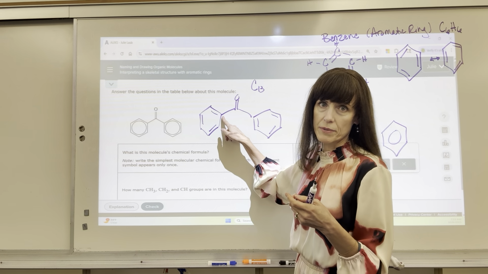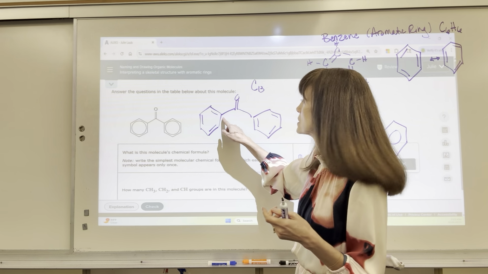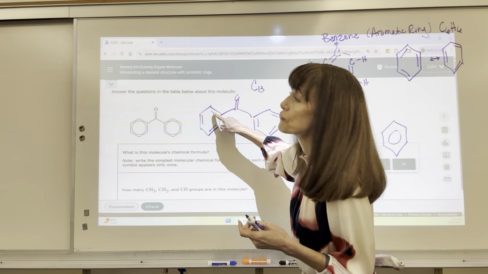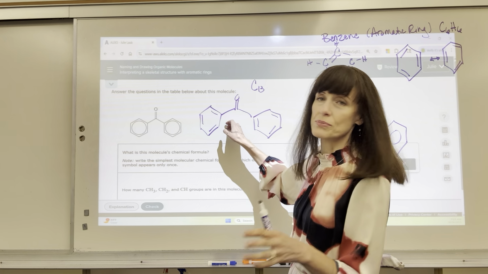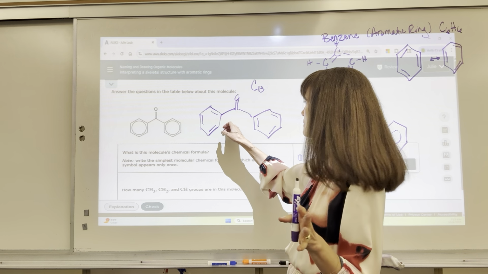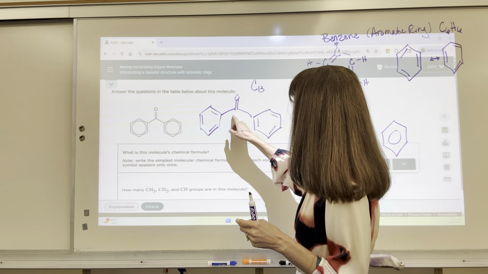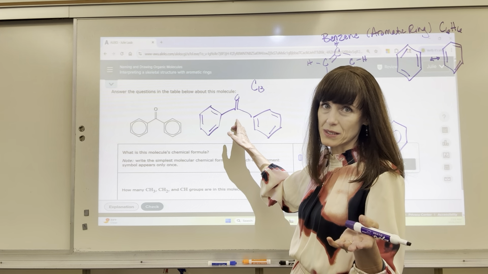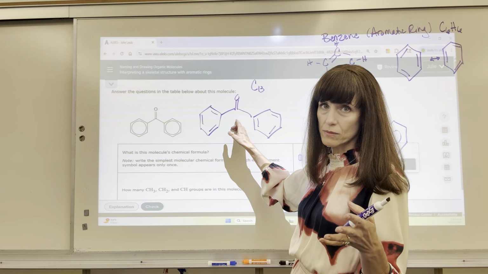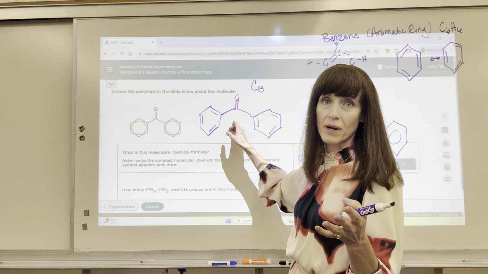Now look at this carbon right here. It doesn't have any hydrogens. It has 1, 2, 3, 4 bonds. That is our tertiary completely consumed with carbon bonds, okay? Let's see here. This carbon, 1, 2, 3, 4, completely consumed. We don't have any more, it is completely bonded, 4 bonds.